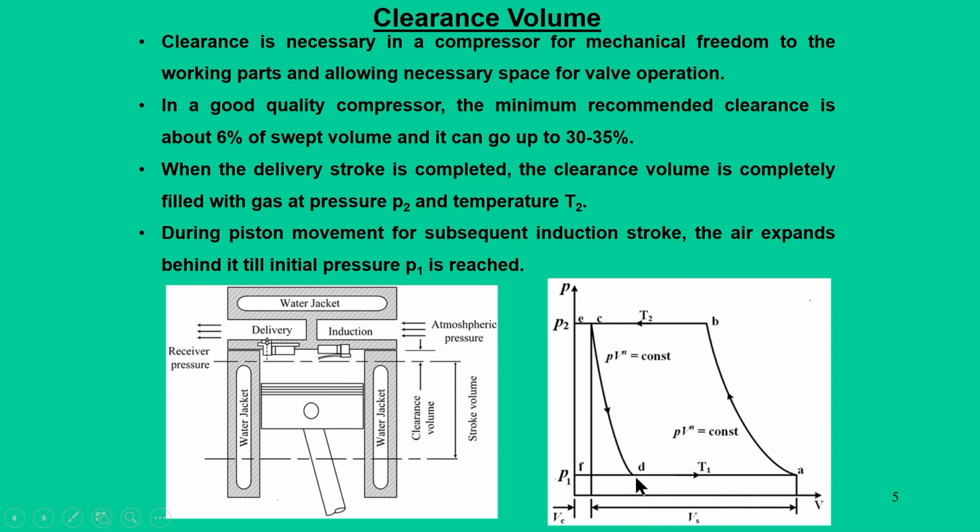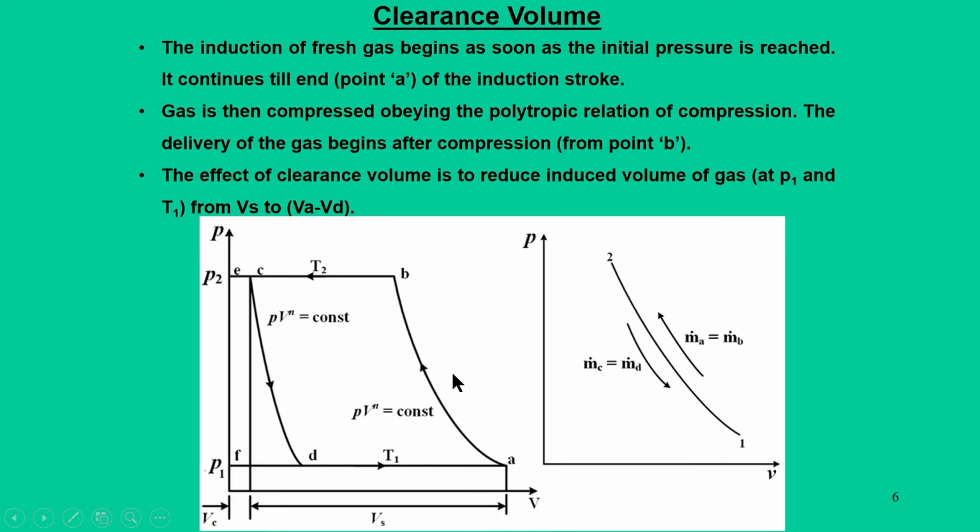Now, by introducing this clearance, if there were no clearance, the induced volume would have been the swept volume V S, but since the gas expands, the induced volume gets reduced from the original value V S to V A minus V D. So, that is the effect of clearance.